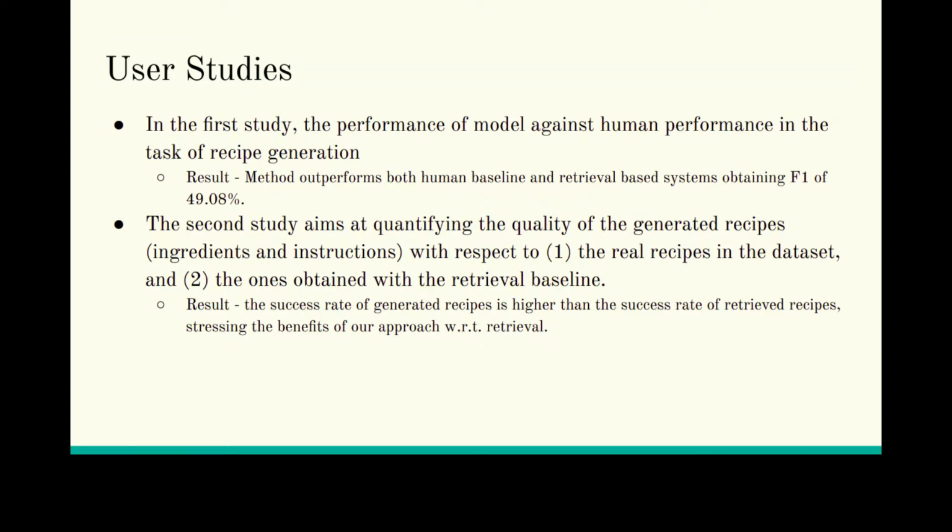The ones obtained with the retrieval baseline. Result: the success rate of generated recipes is higher than the success rate of retrieved recipes, stressing the benefits of our approach with respect to retrieval.